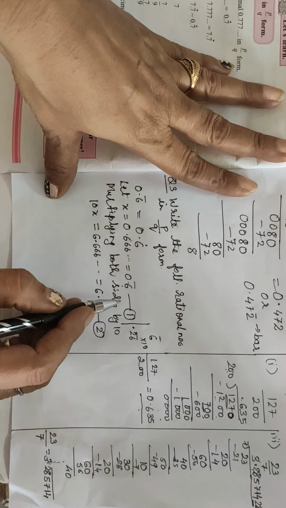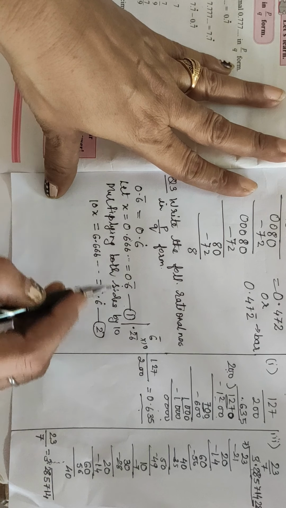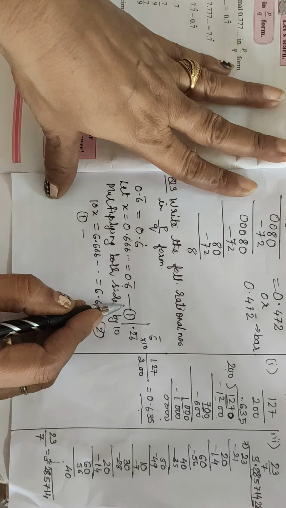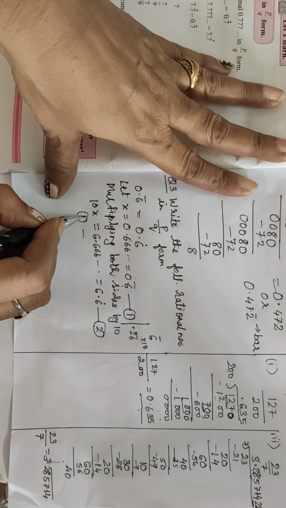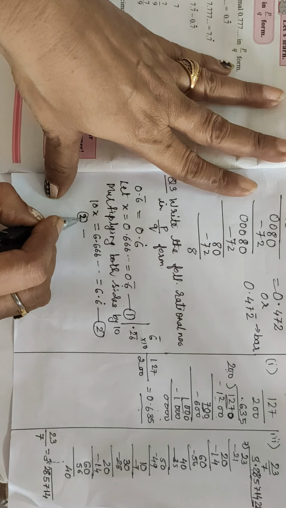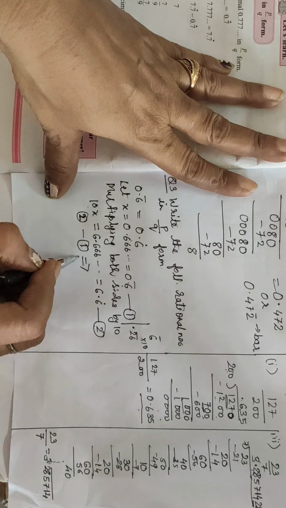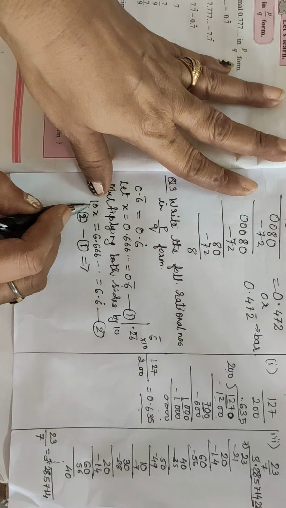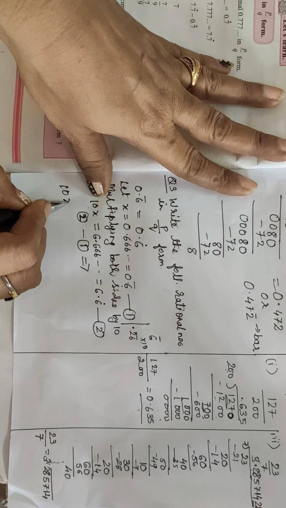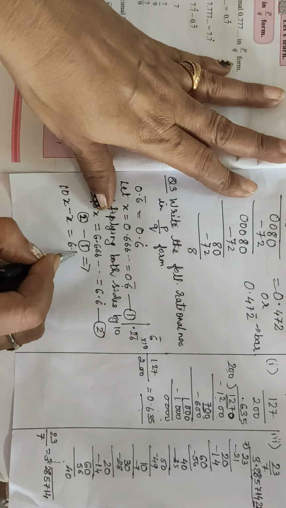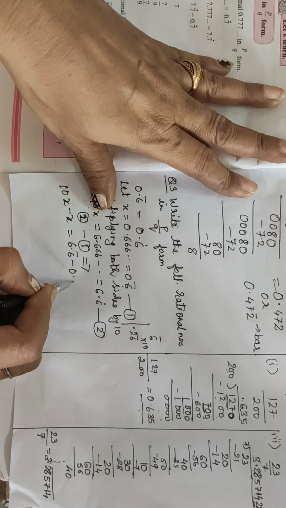Now after that you have to subtract the first from the second. So what do we write? 2 minus 1 implies. Let's write 10x, left hand side first, 10x minus x is equal to 6.6 bar minus 0.6 bar.